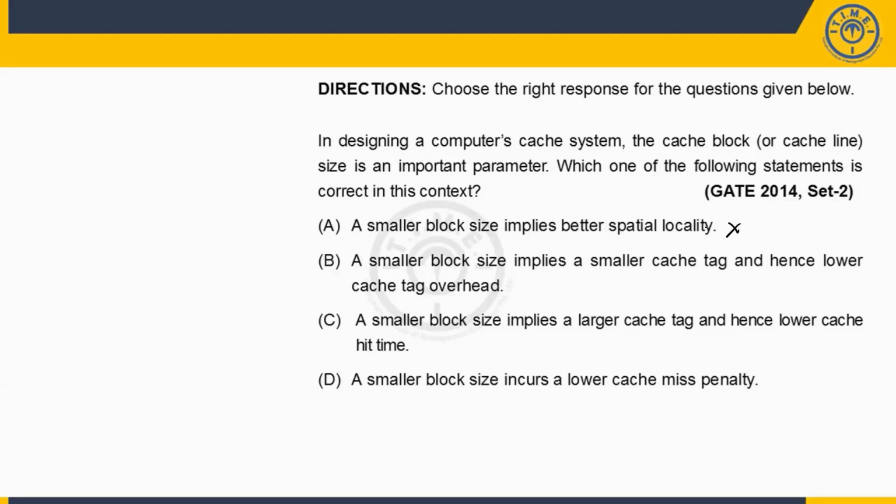But what is spatial locality? In addition to the current data element that is being accessed, we also should transfer the other data items which are closer to the current data element. So in addition to X, all the data elements that are closer to X should also be transferred to the cache memory, because right after X, obviously you're going to access the next element.